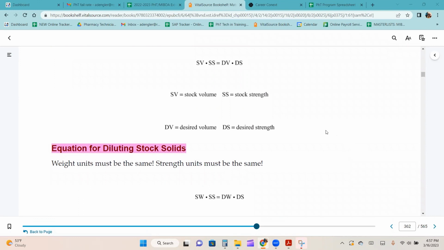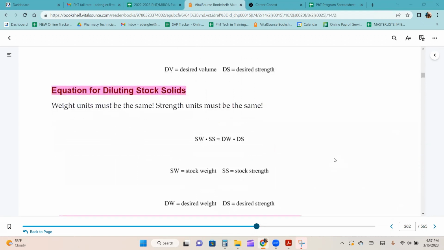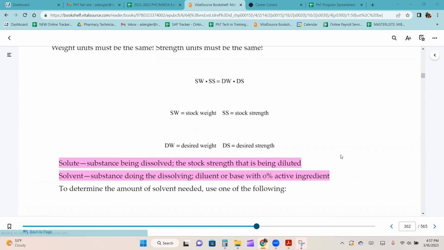Then we have an equation for diluting stock solids. Pretty much the same as this one up here, except we have SW times SS equals DW times DS, where SW is the stock weight, SS is the stock strength, DW is the desired weight, and DS is the desired strength.